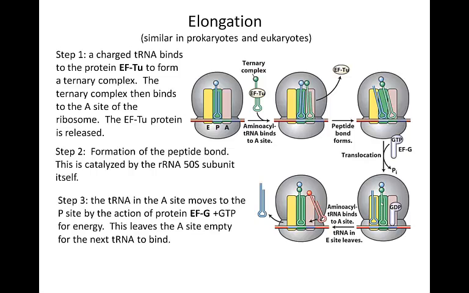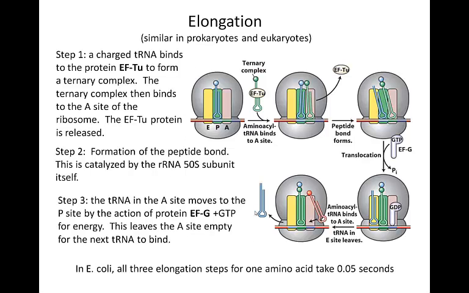After this, the transfer RNA that now has lost its amino acid is in the E site, and it will exit from the ribosome, and a new charged ternary complex can come into that A site. We repeat that whole thing over and over again. In E. coli, each of these cycles, these 3 elongation steps, take only 0.05 seconds, so it's really super fast.